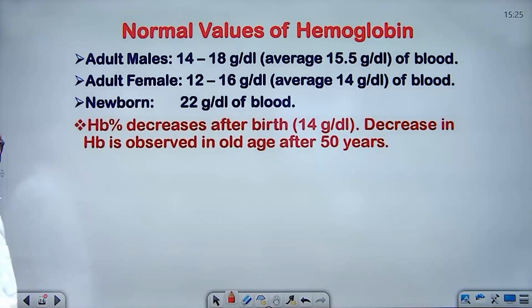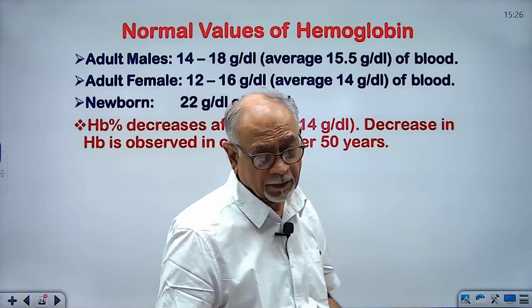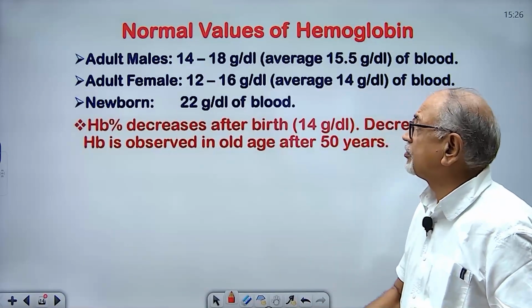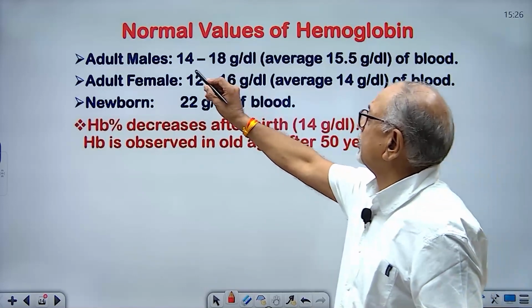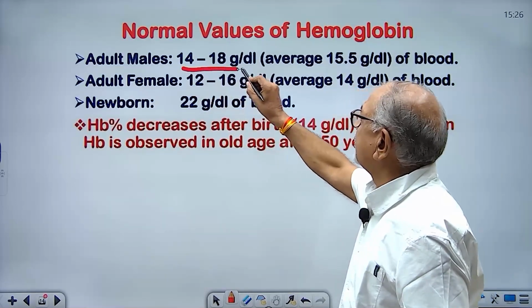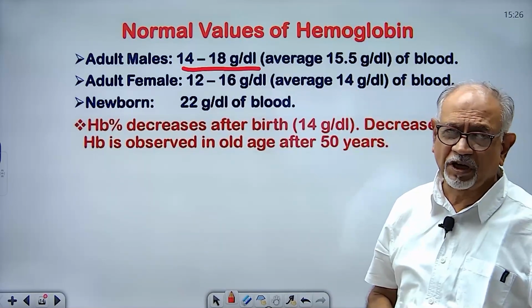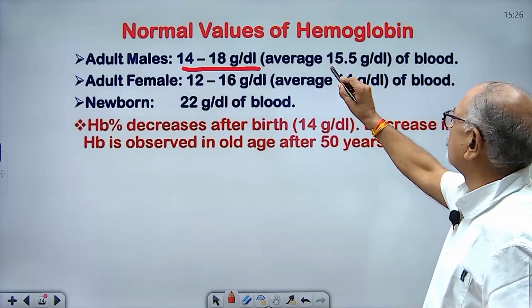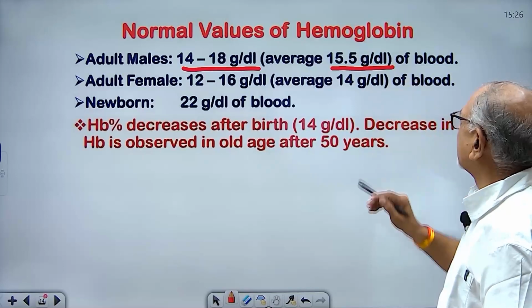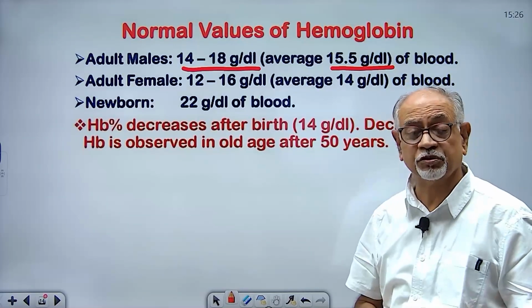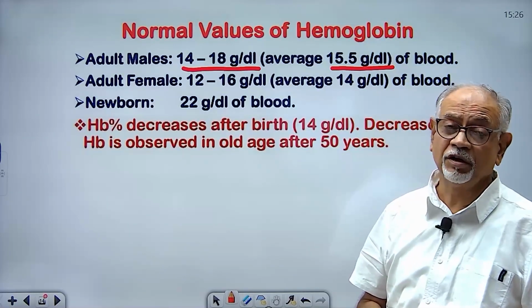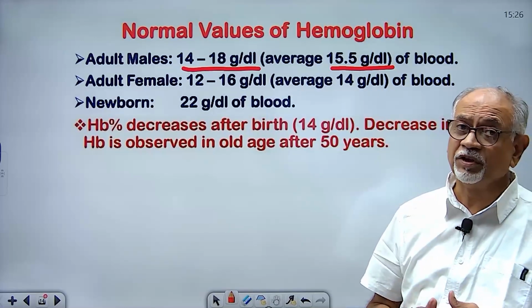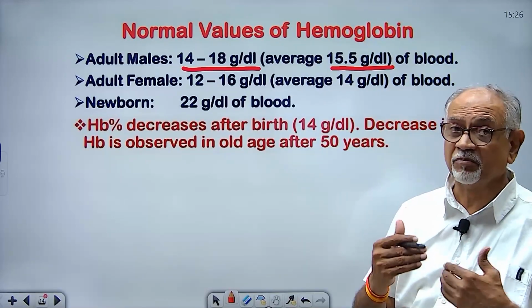Now, normal values of hemoglobin. In normal adults, the hemoglobin ranges between 14 to 18 gram per 100 ml or per deciliter. The average value comes about 15.5 gram per deciliter of blood. In case of females, the percentage of hemoglobin is a little less than males.